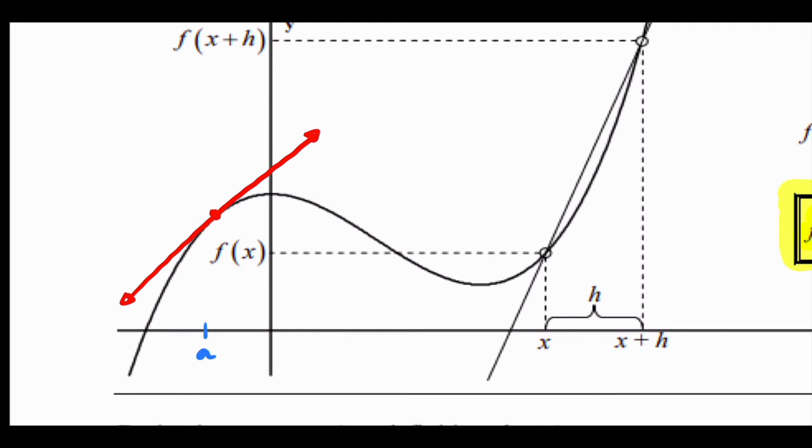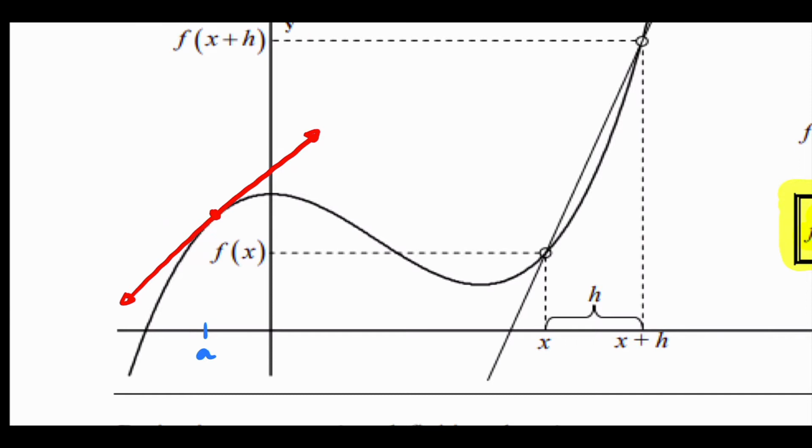So I would find the rise over run of that red line, right? Is that a positive slope or a negative slope? Positive. Why is it positive? It's increasing, right? It's going up. It's going uphill. Anything going uphill has a positive slope. Anything going downhill has a negative slope.